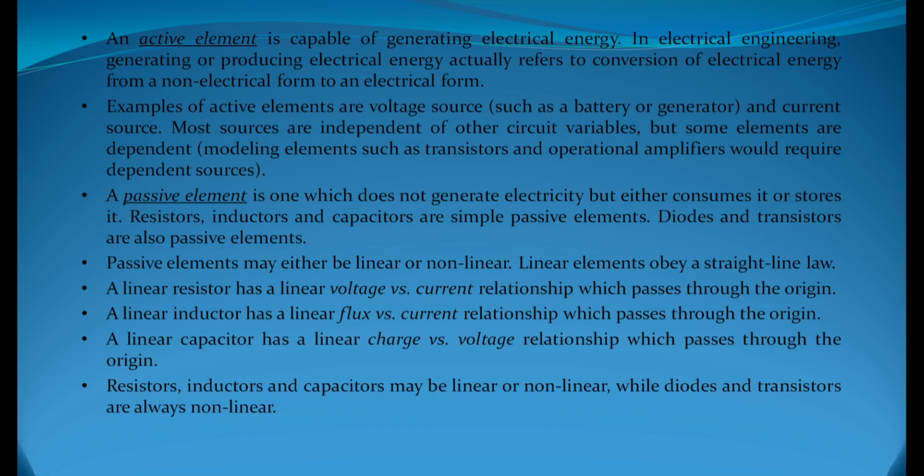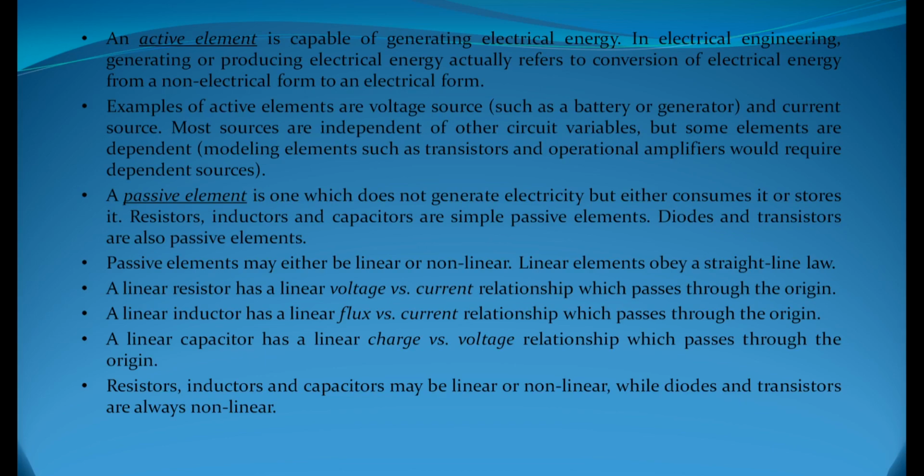Then comes the next part, active element, passive element. These things you might have already heard in your previous classes. I'll stop this video for now, and from the next video onwards we'll be seeing what is an active element, what is a passive element, and the other properties related to these elements like linearity, bilateral, unilateral, and other things.